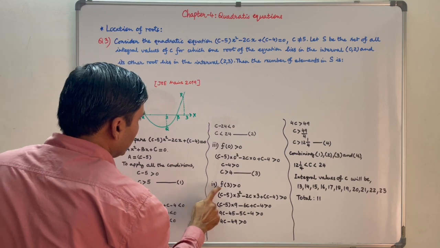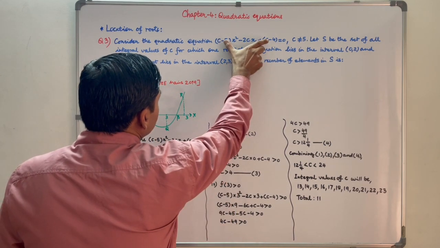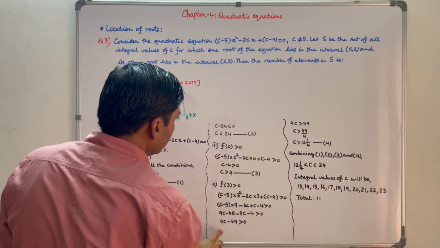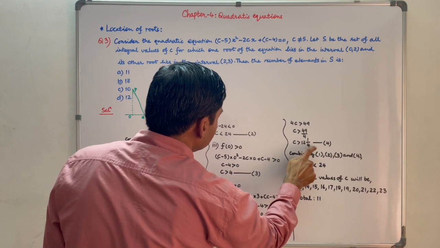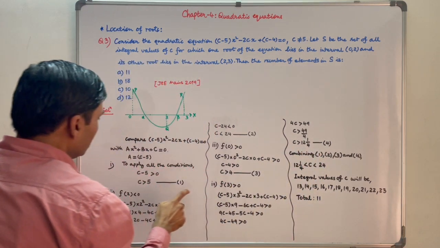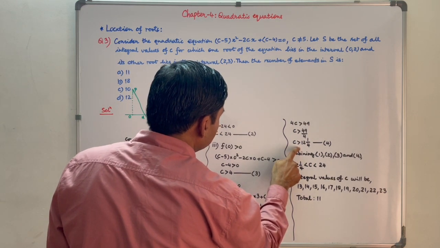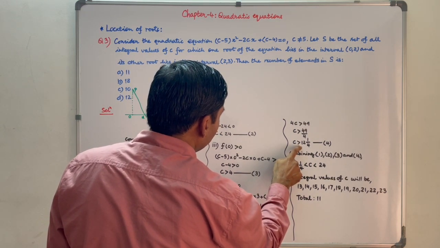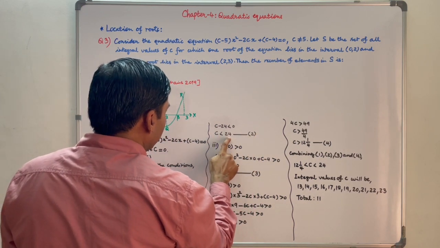Condition number 4, f(3) is greater than 0. Put x equal to 3 in this expression to get f(3). So the condition is c is greater than 12 whole 1 by 4. This is point number 4. From point number 1, 3 and 4, we can say that c is greater than 12 whole 1 by 4. From point number 2, c is less than 24.